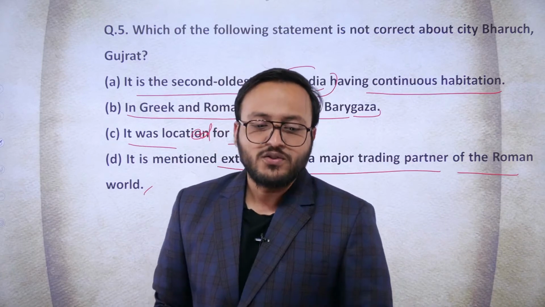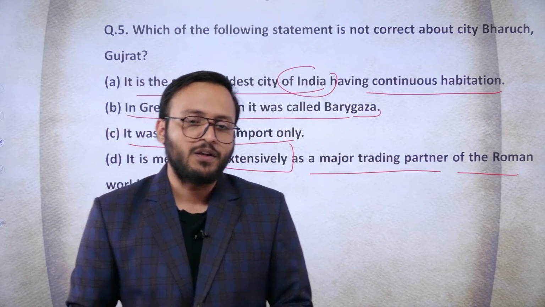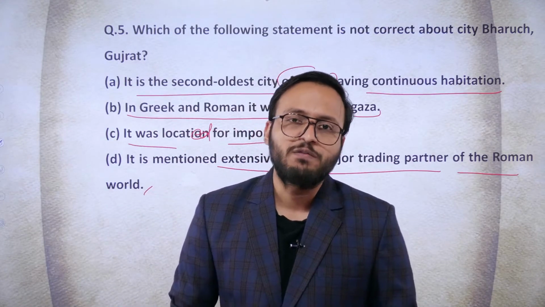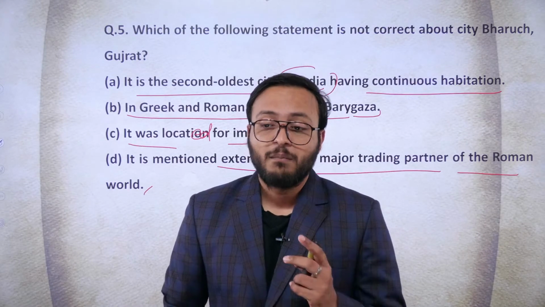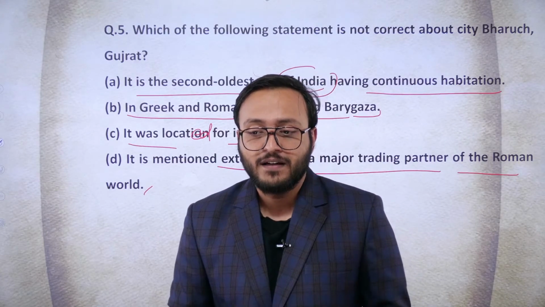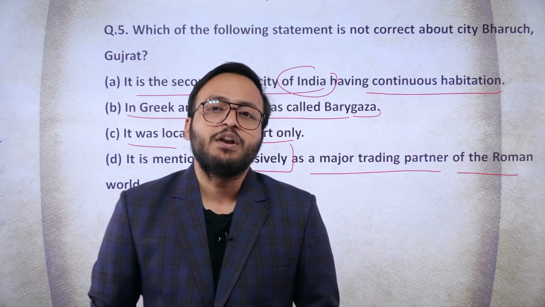All right. So let me tell you about this particular city called Barigaza or Bharuch, it has to be one of the oldest settlements. There is no doubt about it. But if you are going to see that it was located only for the import, that is not correct.